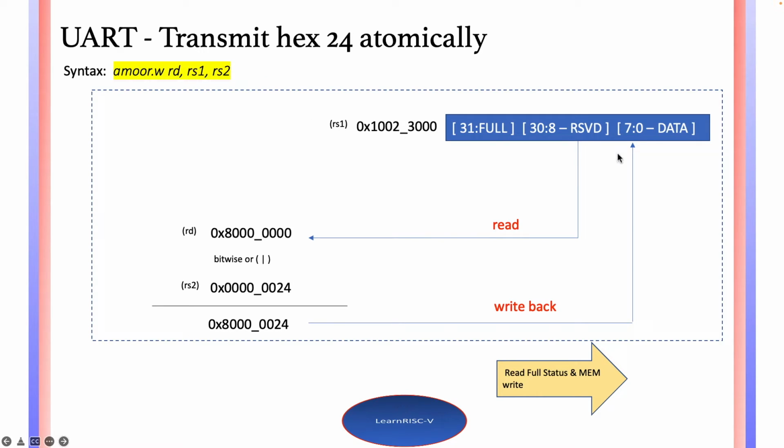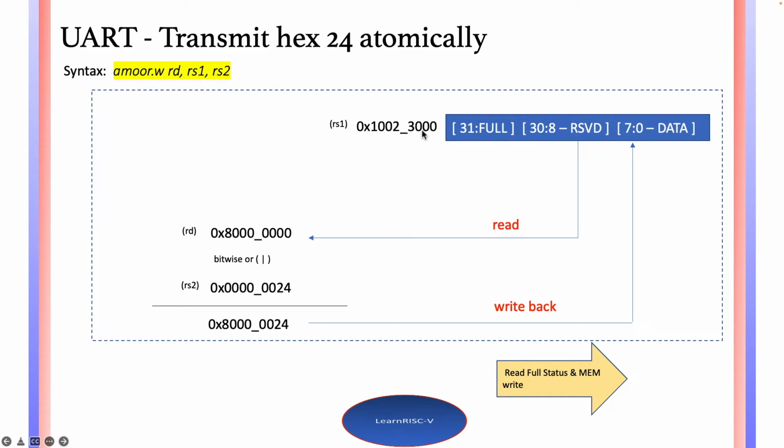So this instruction would very first read from this memory address, whatever the value there, it would read, okay, and then it would perform a bitwise OR operation with the value in RS2, and the output of the bitwise OR operation would be written back into this memory address.